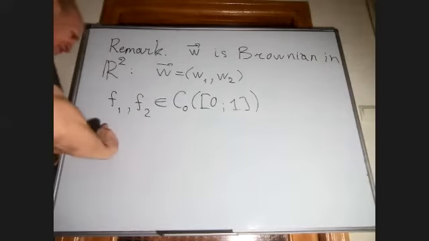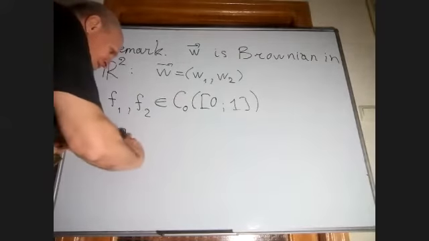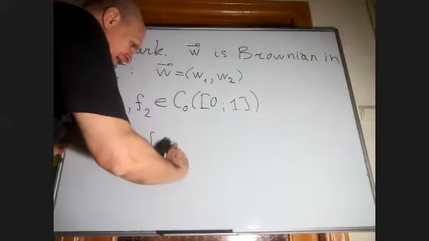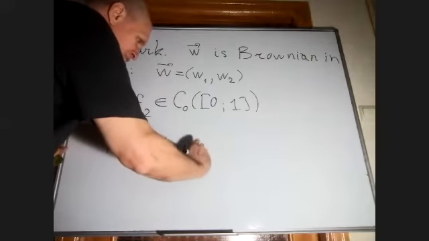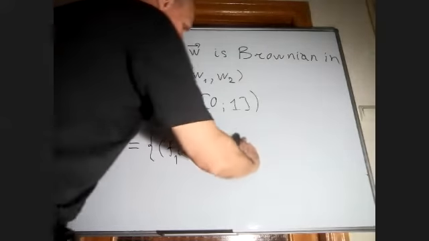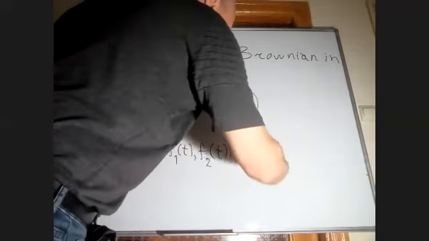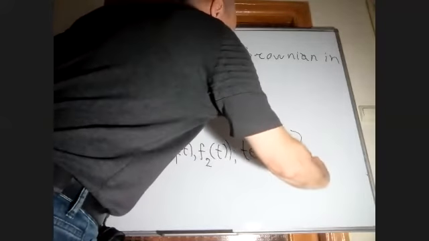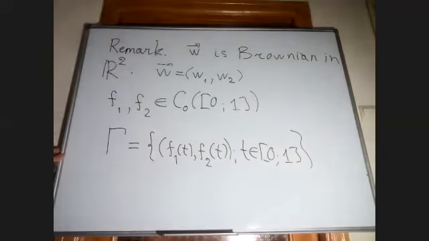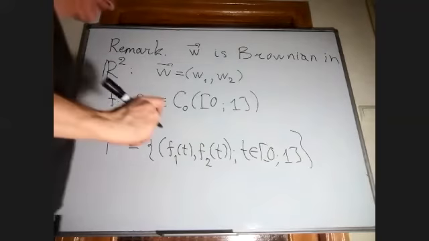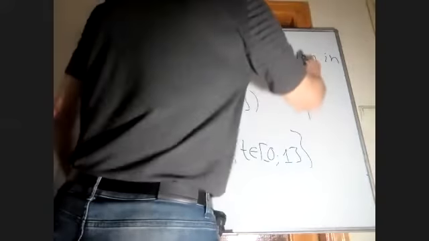if one considers gamma, this is just the curve F1(t), F2(t), t belongs to 0, 1. Then I will take F1 and F2 in such a way that gamma has the following form.